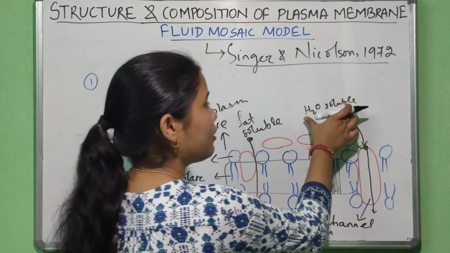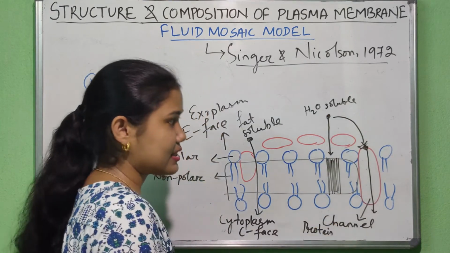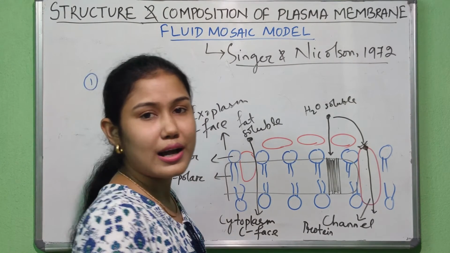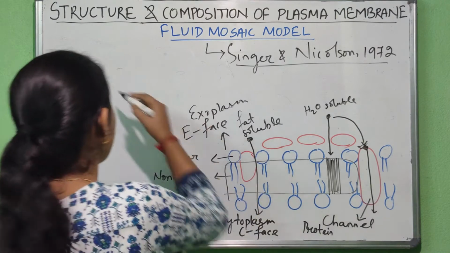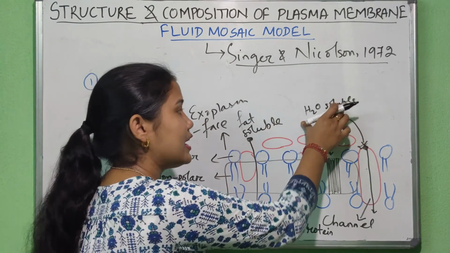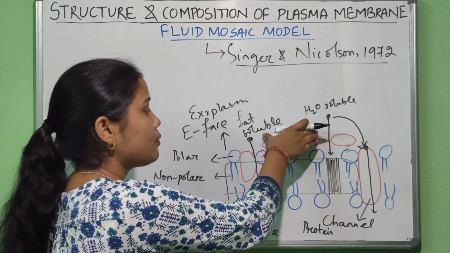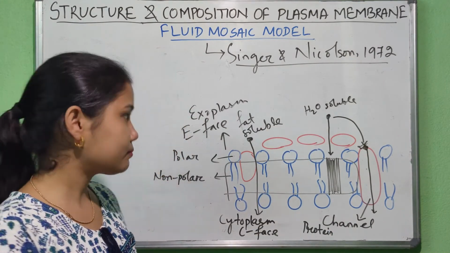To transfer the water-soluble substances from E phase to the C phase, it will need a channel protein, okay, which is also an integral protein or intrinsic protein. So the first point is satisfied that both fat-soluble as well as water-soluble substances can pass from one lipid layer to the other. Okay.